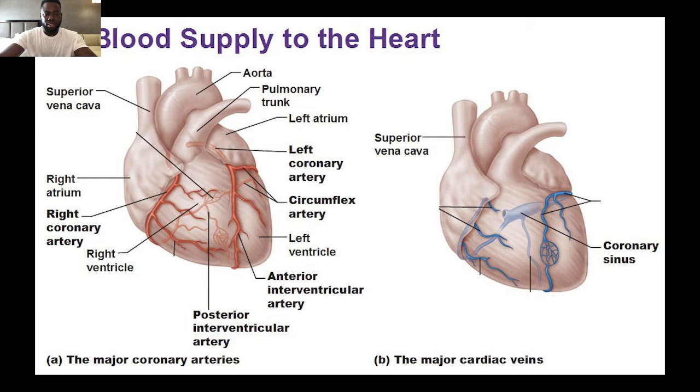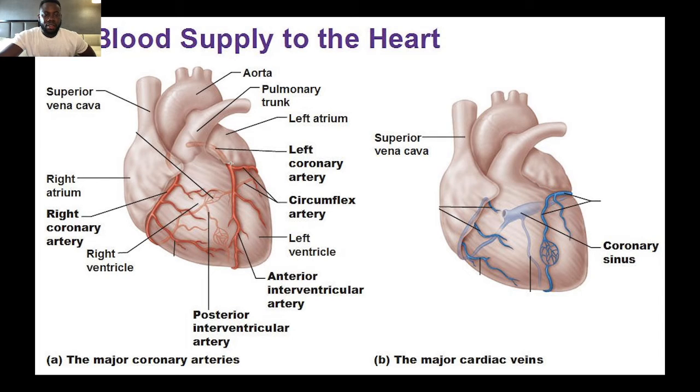This whole thing here will be our right ventricle, and the smaller part here is the left ventricle, which is most posterior. And so it lies inside the groove, the interventricular groove. This is the LAD, left anterior descending artery. Yeah, this is our anterior interventricular artery. It is the same thing.